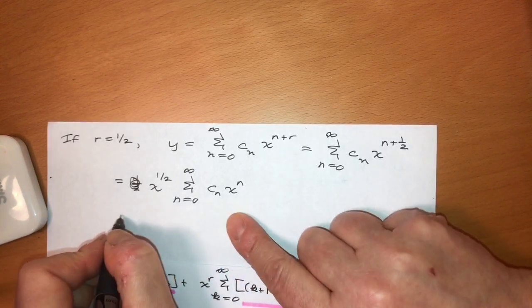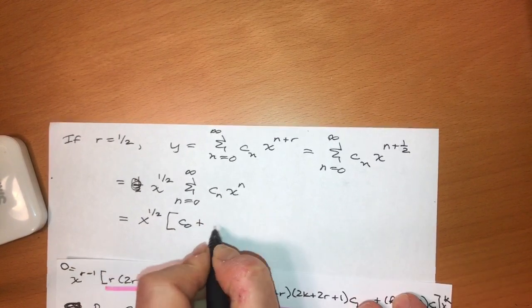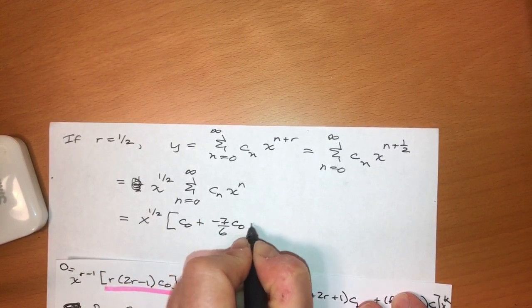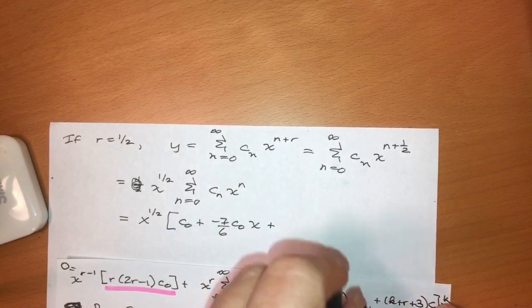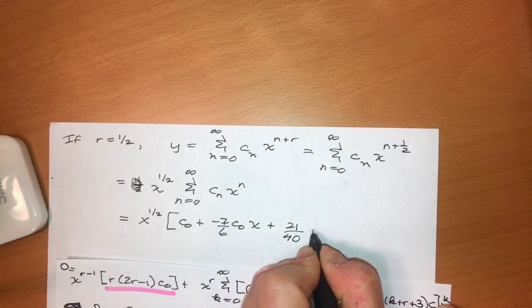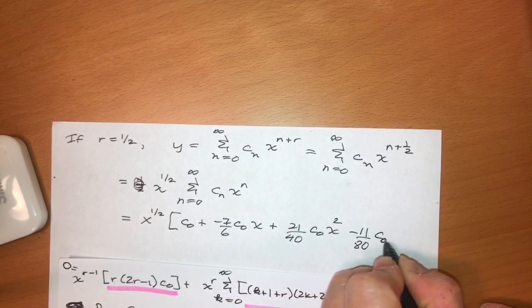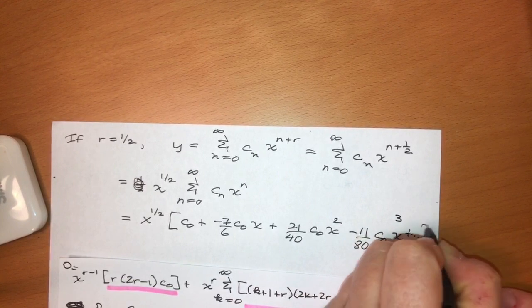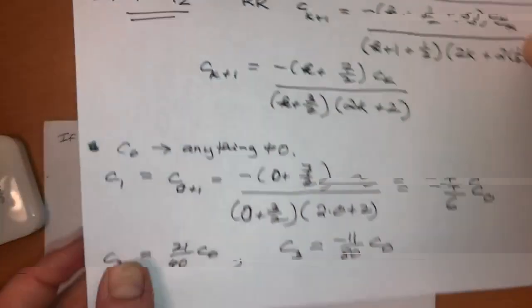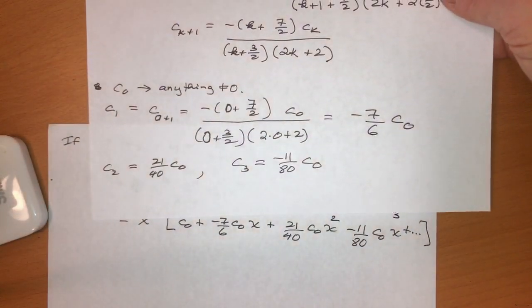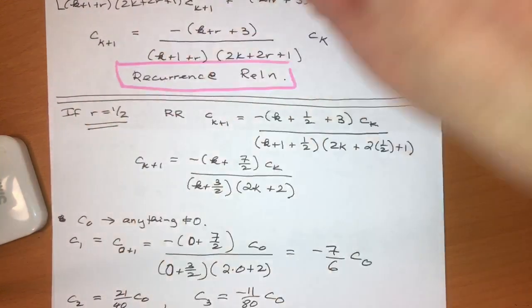And now if you want to, and this is usually how you'll see the answer given in the back of the book, C0 plus minus 7/6 C0x plus 21 over 40 C0x squared minus 11 over 80 C0x cubed. And yes, you can factor the C0 out if you want to. So there's your first series solution to that differential equation. And remember, where are those C's coming from? That was coming from our recurrence relation. So there was one of our two series if r equals 1/2.